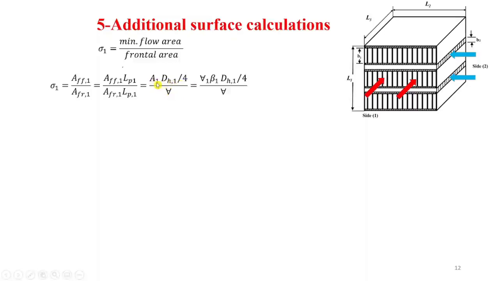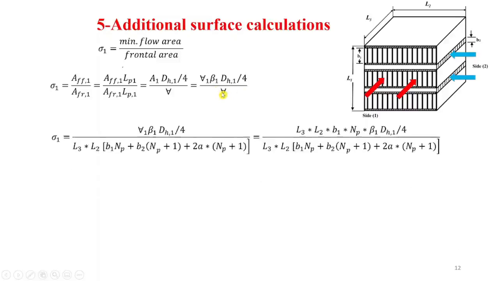You can relate the heat transfer area for side 1 to beta, since beta equals the heat transfer area for side 1 divided by the volume between the plates. This means that A1 equals V, the volume between the plates for surface 1, multiplied by beta. Then multiply by DH1 divided by 4, and then divide the whole thing by the volume.